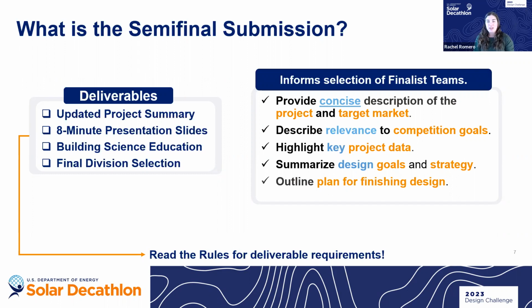You'll also have your faculty either attest to equivalent curriculum for building science education, or that your team has completed all the courses of the Solar Decathlon building science education. And then this is the time at which your team will select your final division. So the semifinal submission informs the selection of finalist teams. Our jurors are going to select finalist teams at this point.